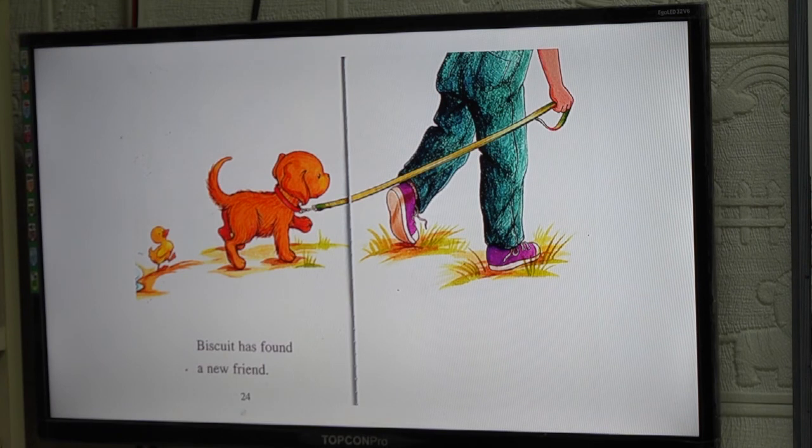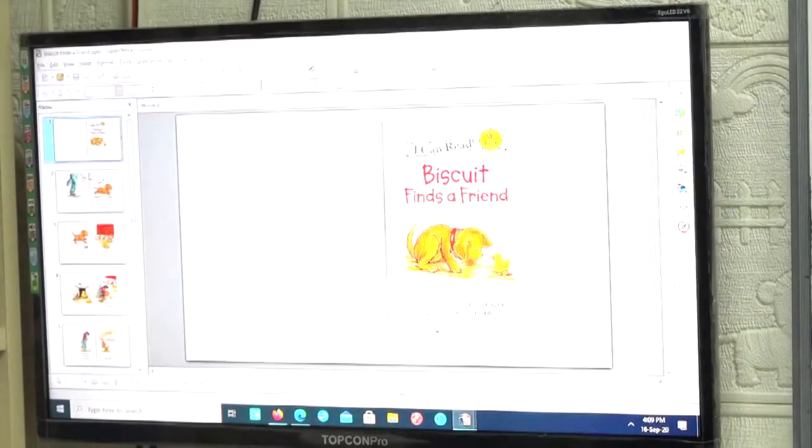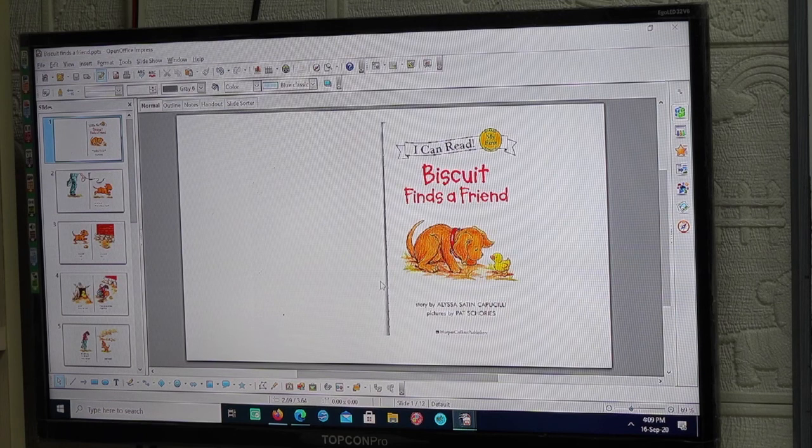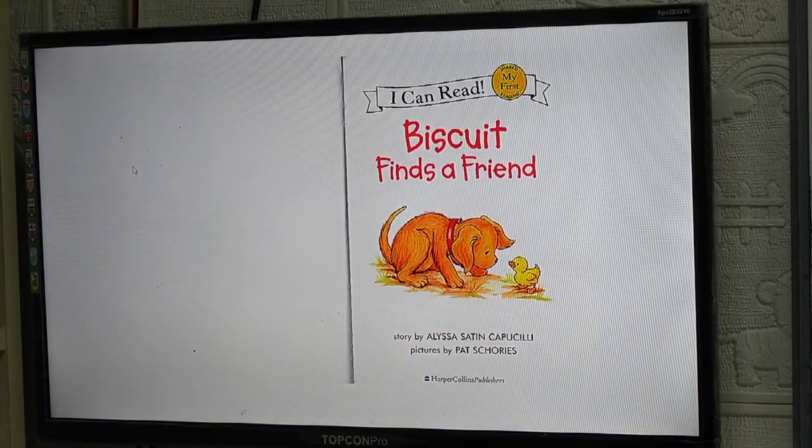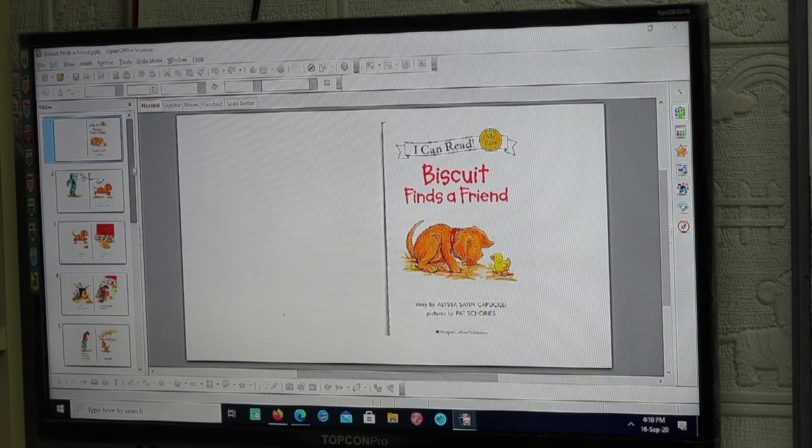That's when the fun begins. Woof, quack. Right. So this story tells us that no matter what kind of friends you have, it's always good to help them. Whether it is a dog and a duck or a big dog and a little puppy, you should always help each other.